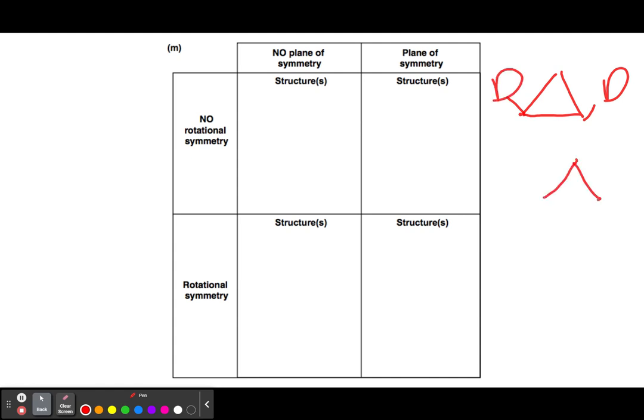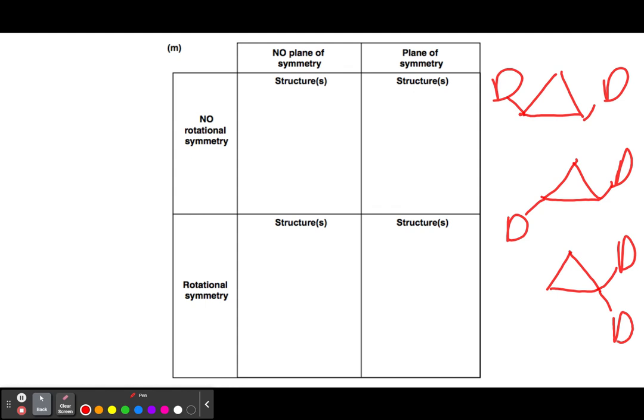If you have this, a D up there and a D down there. If you have this, both D's on one side. And you could also have this, but reverse this one.